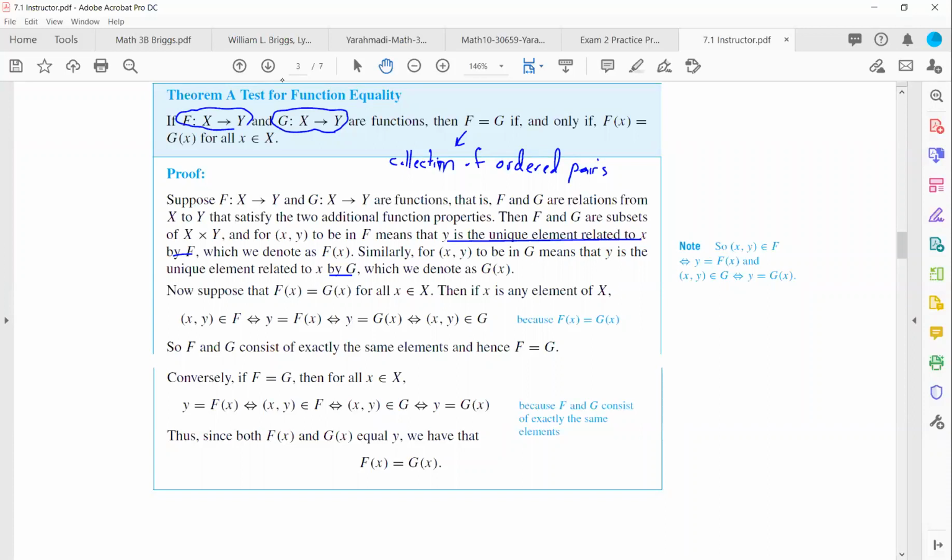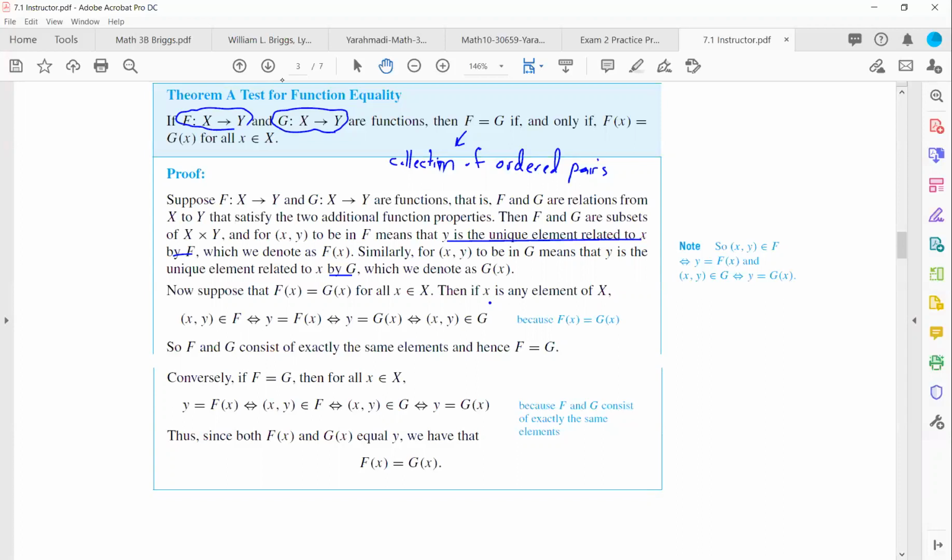So suppose that f of x is equal to g of x for all x belonging to X. Then if x is any element in X, (x, y) is in f if and only if x is connected to y through f, or y is the image of x under f.